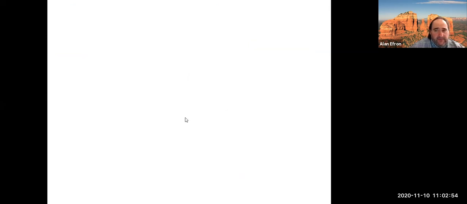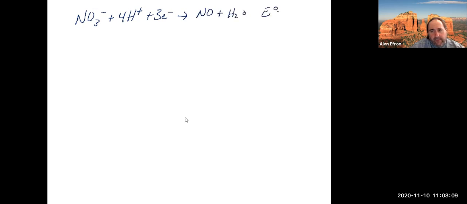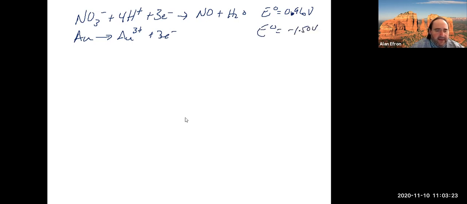If we were to balance this out, the overall reaction would look something like this. This is our half reaction, which would remain the same. Again, our E would be 0.96 volts. We would flip around, like I mentioned, the gold here, and technically you would flip the sign on that.